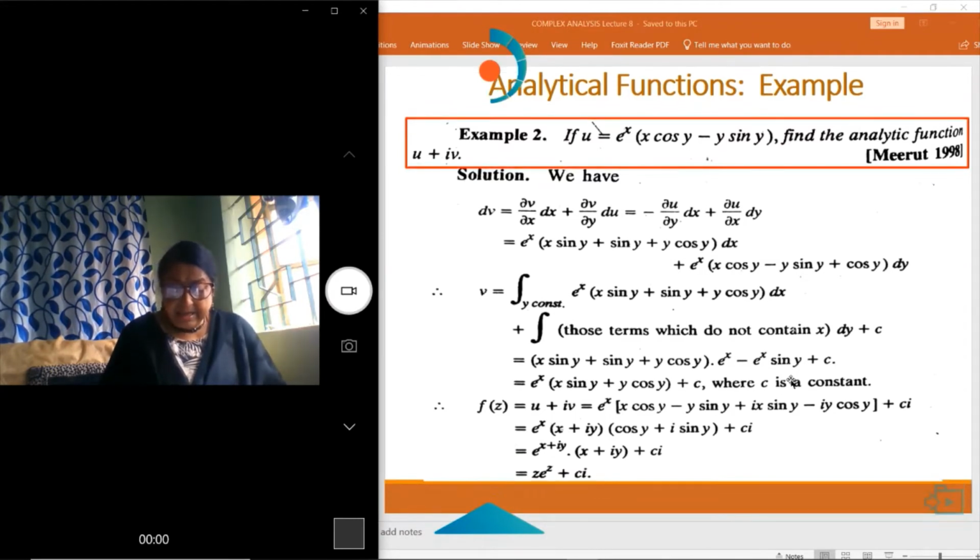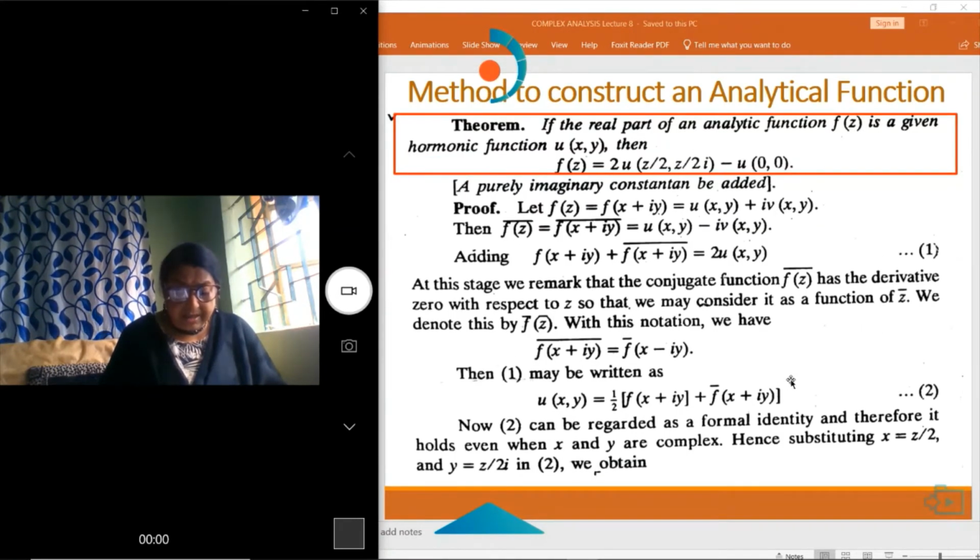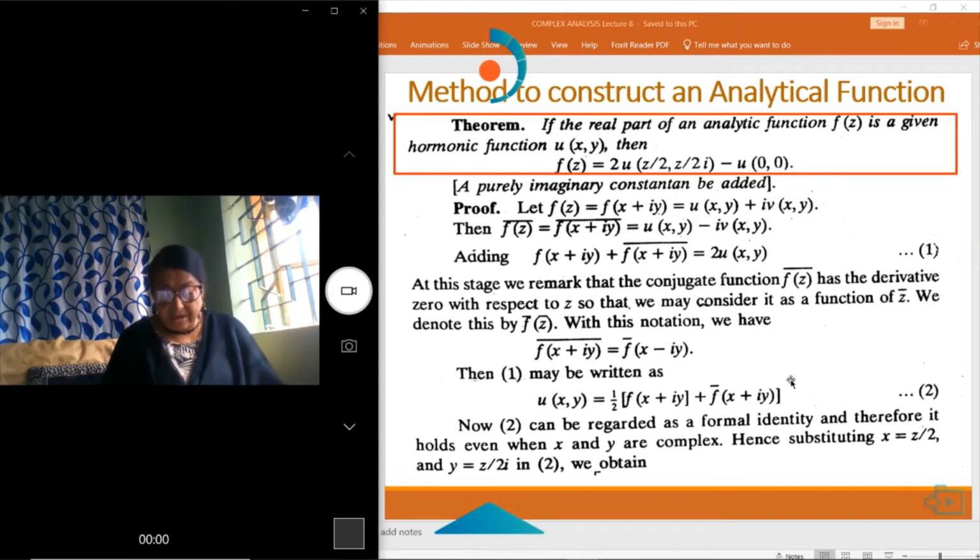Next, a simple method of constructing an analytic function.